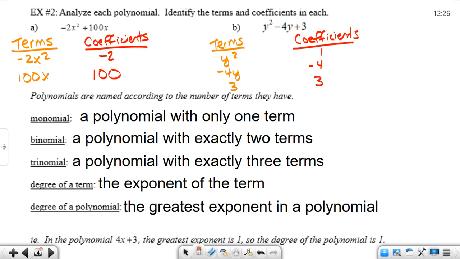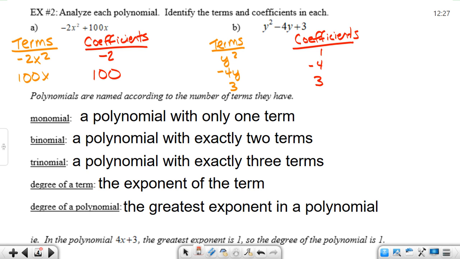Okay, so let's jump into some more terminology. These next three terms are going to allow us to identify different polynomials based on the number of terms that are within each polynomial. So as it says here, polynomials are named according to the number of terms that they have.